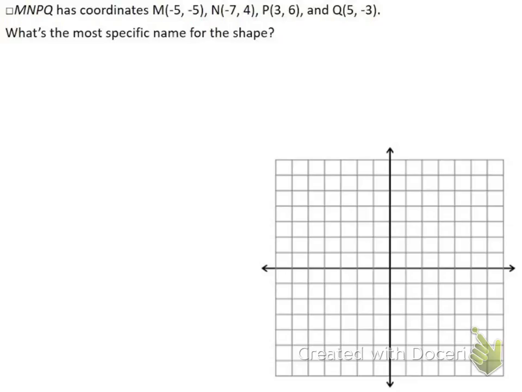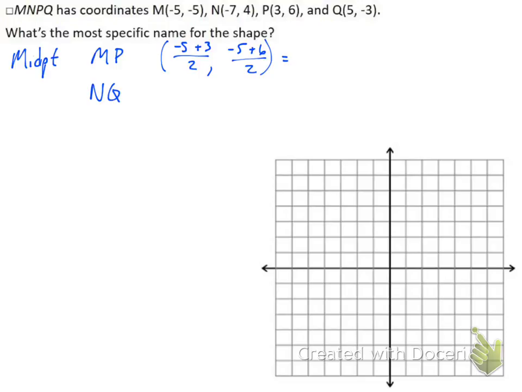again, start with my midpoint of MP and NQ. So MP is going to be negative 5 plus 3 divided by 2, and negative 5 plus 6 divided by 2.